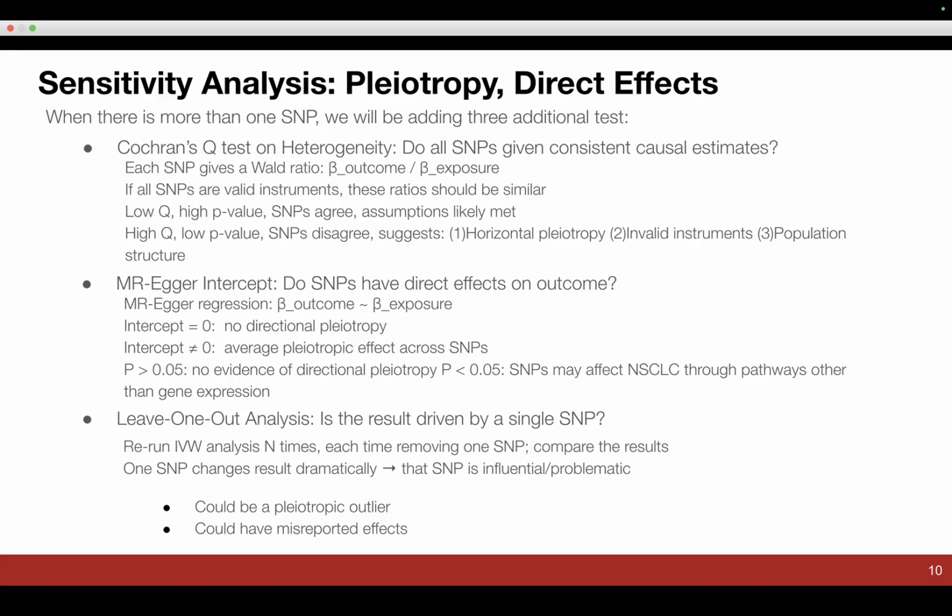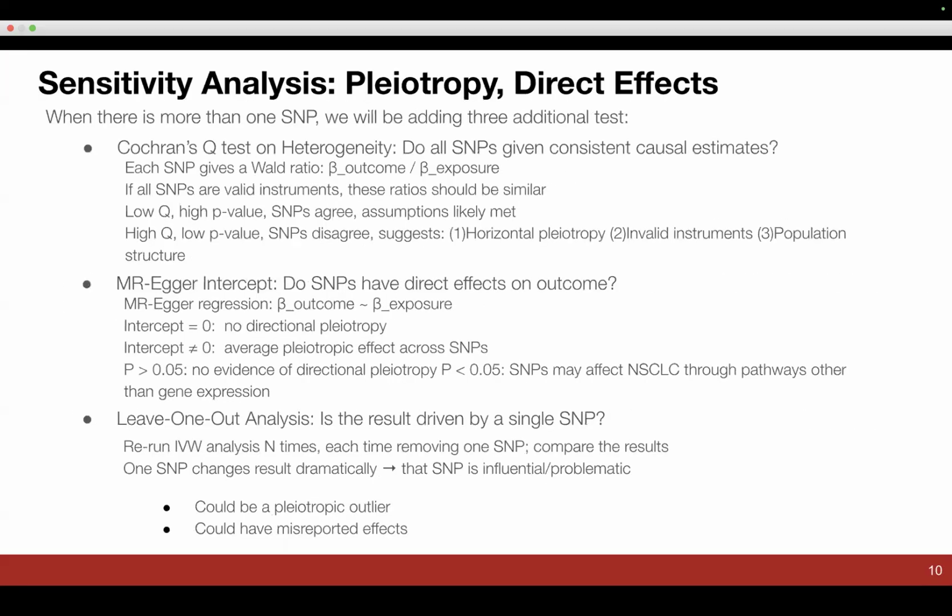While if it's not 0, that stands for an average pleiotropic effect across SNPs. We'll also check the p-value, and our null hypothesis is that there's no evidence of directional pleiotropy. If the p-value is larger than 0.05, we fail to reject the null hypothesis. If the p-value is significant, then we will reject the null hypothesis and adjust our conclusion accordingly.